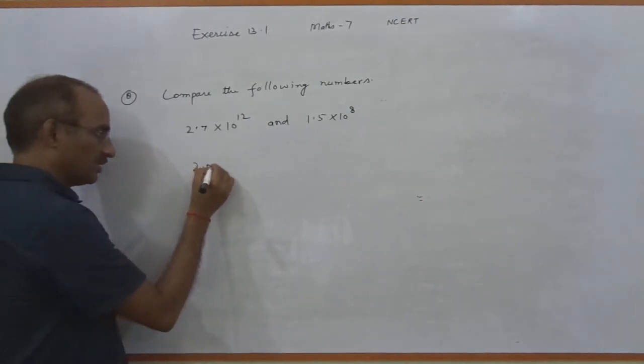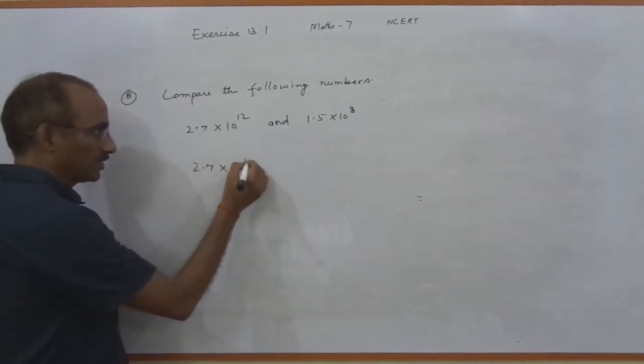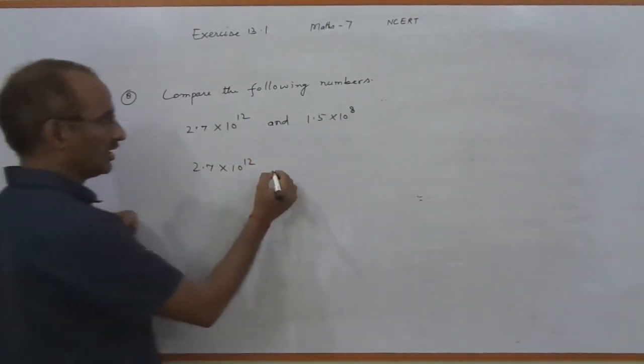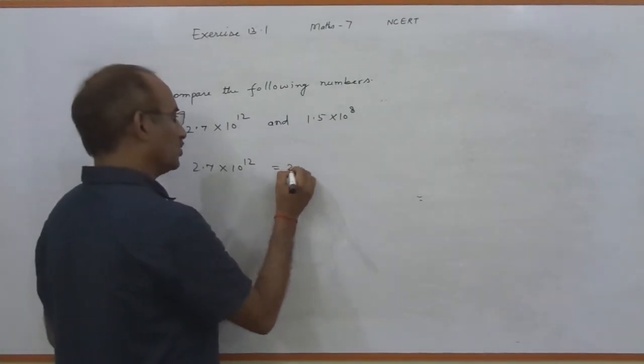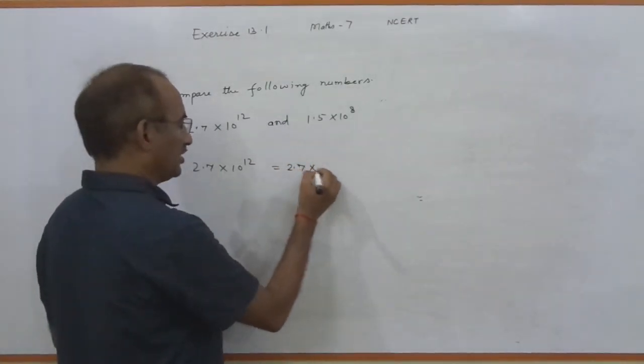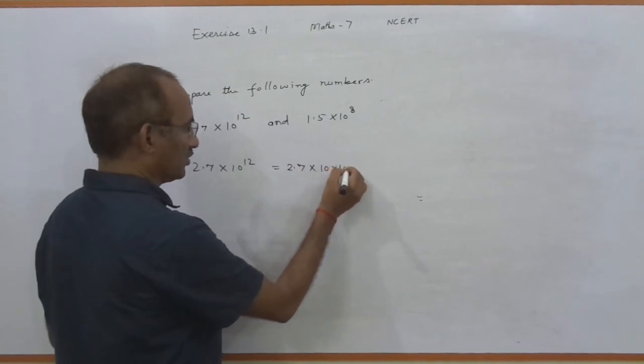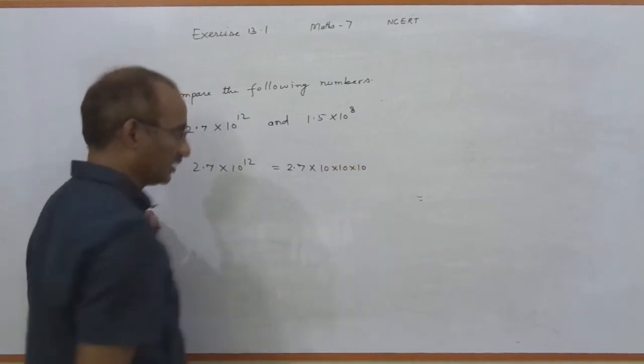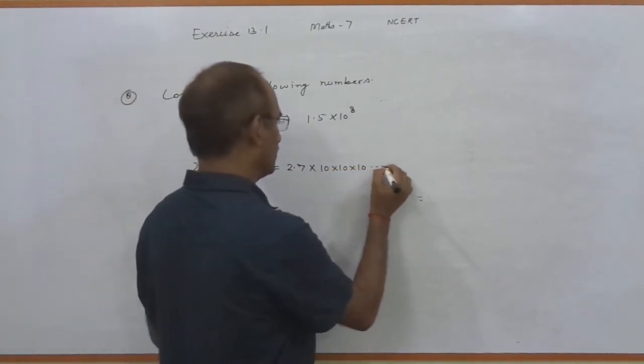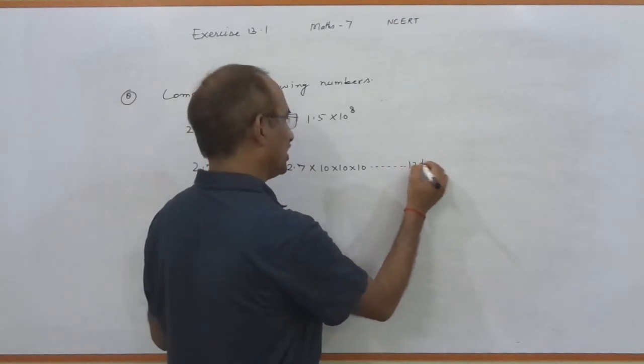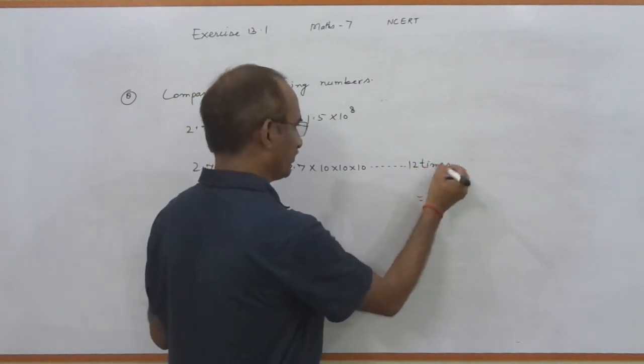Here 2.7 into 10 to the power 12 can be written as 2.7 into 10 into 10 into 10, 12 times.